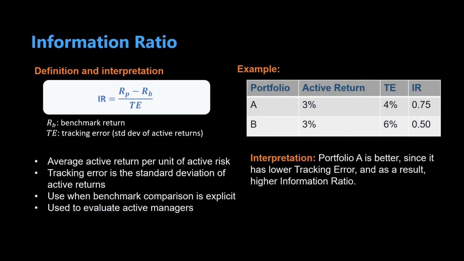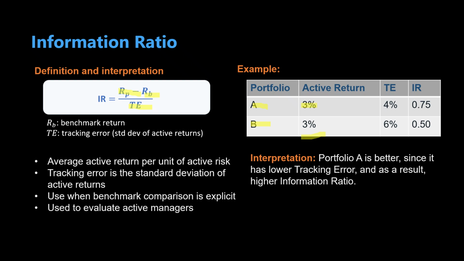Information ratio measures the performance of an active manager relative to a benchmark. Its formula is the average active return, that is, the portfolio return minus the benchmark return, divided by the tracking error, which is the standard deviation of the active returns. In the example here, both portfolio A and portfolio B generate a 3% active return.